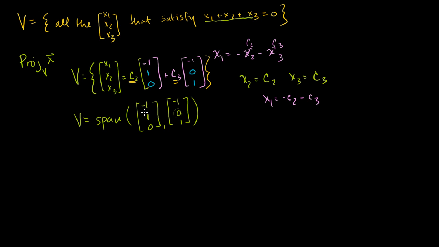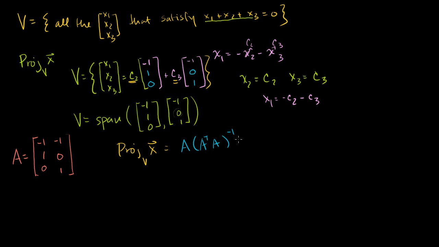Given that, using the technique we did before, we could set some matrix A equal to minus 1, 1, 0 and then minus 1, 0, 1. Then the projection of any vector x in R3 onto V is going to be equal to A times the inverse of A transpose A, all of that times A transpose, and all of that times x.